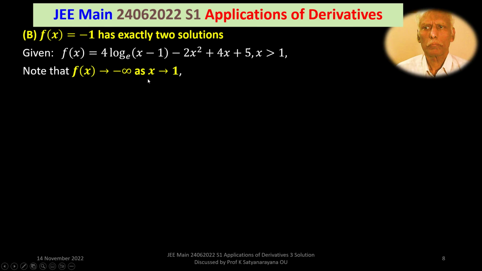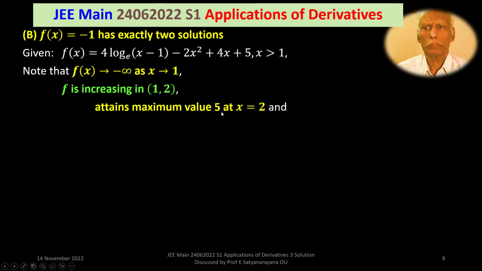And you can see that x is equal to 1 is an asymptote for this curve. And f is increasing in the open interval 1 to 2. Yes, it is increasing and attains maximum value at x is equal to 2.